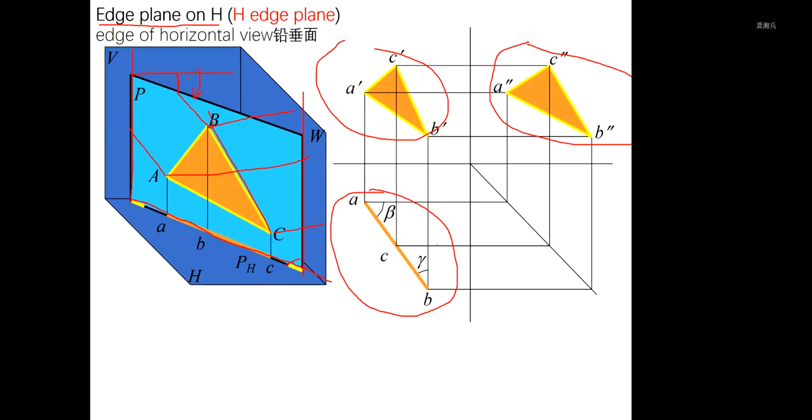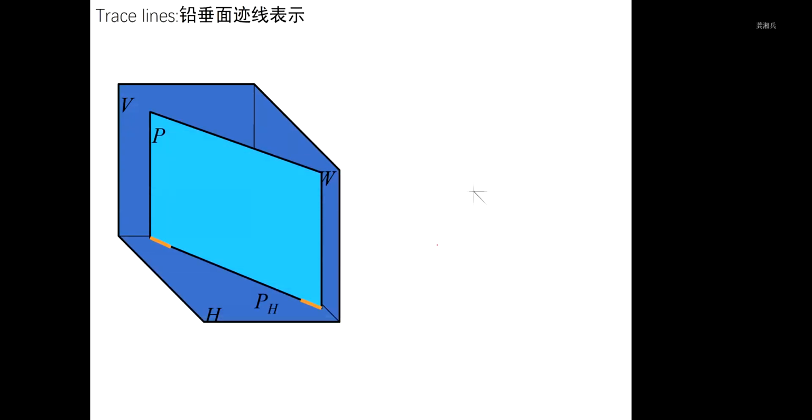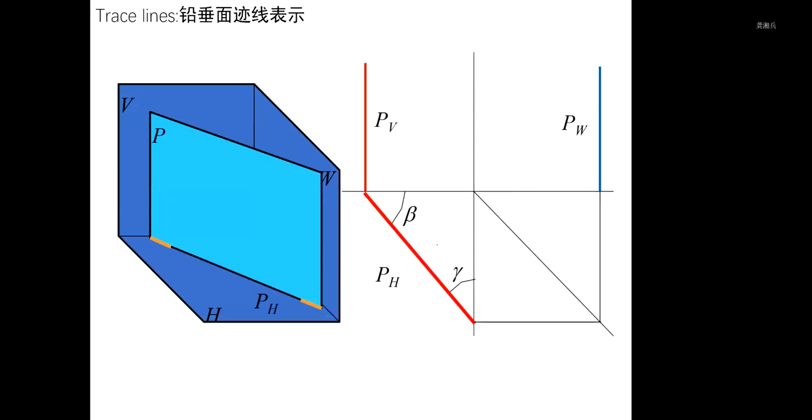Okay, so if we see any projection like the shape of this one, you should tell me this is an H plane. Just like the tracing line shown here.